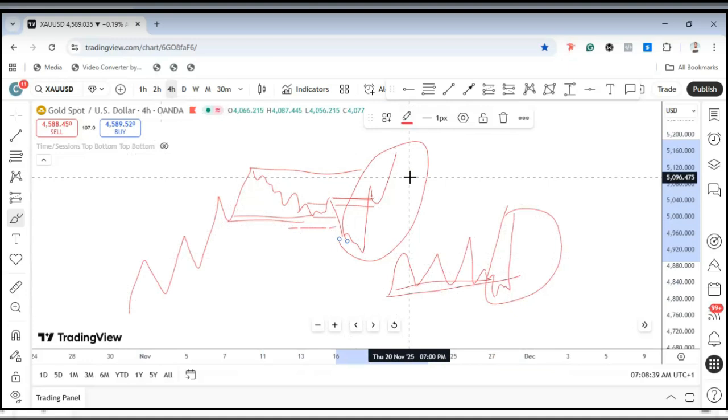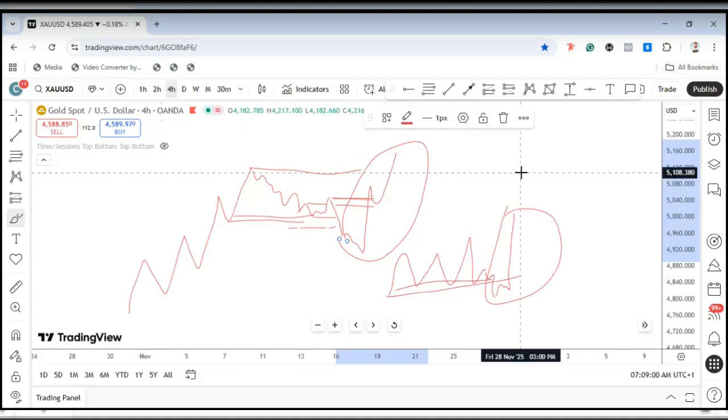So I'm going to be showing you an example very soon, but I just want you to understand this perfectly. It is very, very important you do so. Once you understand how liquidity works, you drastically reduce your losses.